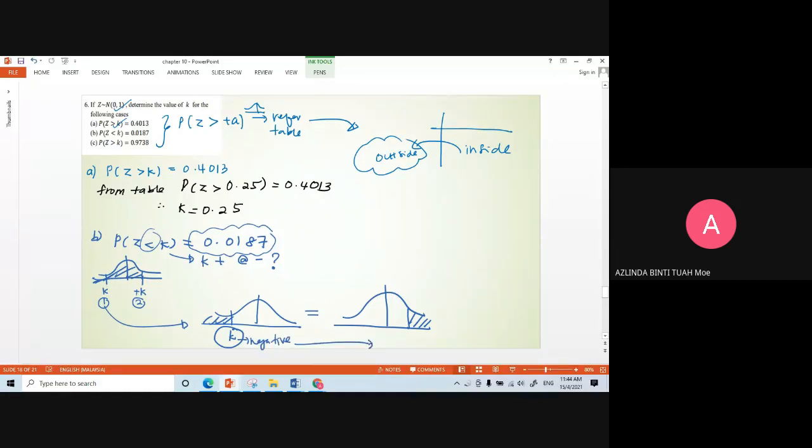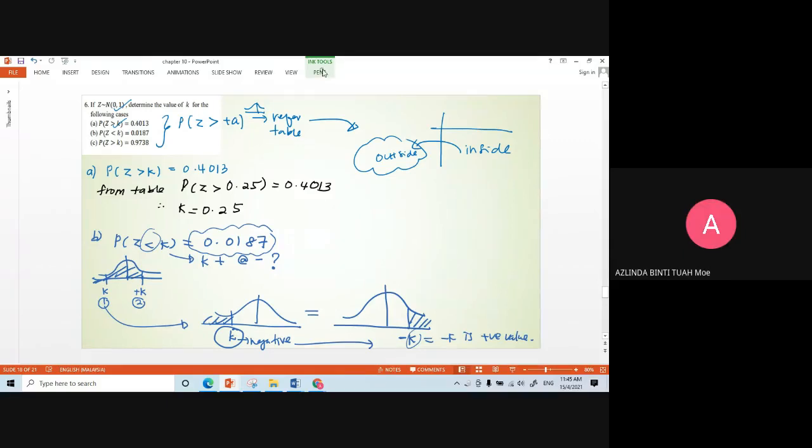Bila convert, kita akan darab K ni dengan negatif, sebab K tadi memang negatif di sini. Nak reflect ke kanan, kena darab nombor ini dengan negatif supaya negatif K is positive value. Boleh faham ya kenapa ada negatif tiba-tiba dekat sini? Semua faham? Faham, madam.